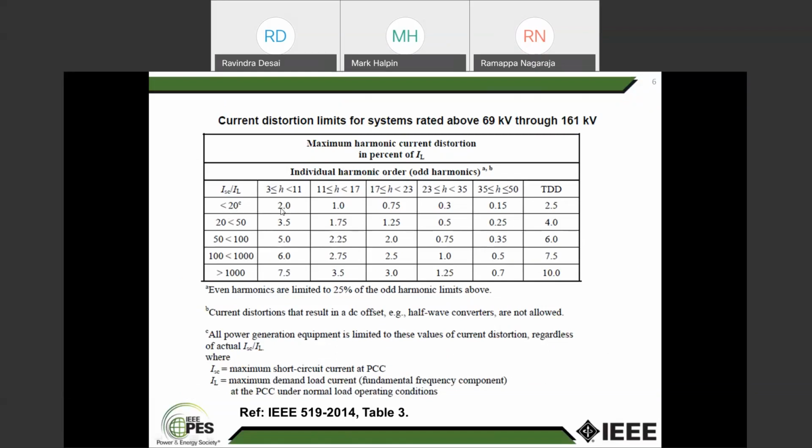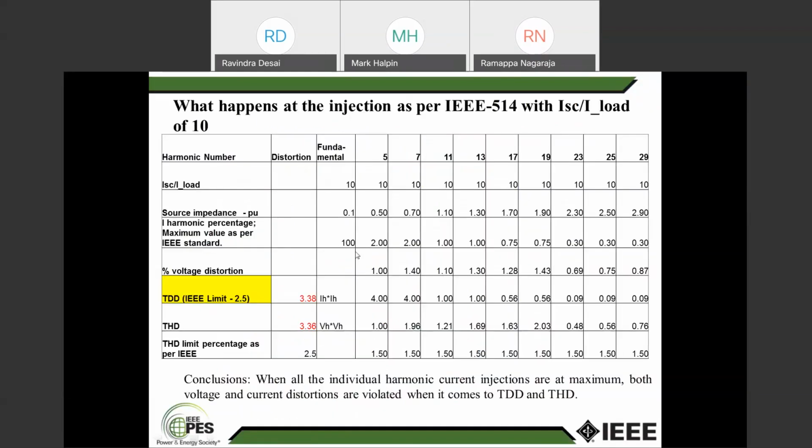Therefore, you can see the harmonic limits here. Third harmonic is 2, fifth is 2. These are the harmonic limits for the 5th, 7th, 11th, 13th, 17th, 19th, up to the 29th only, which has been considered in this example.